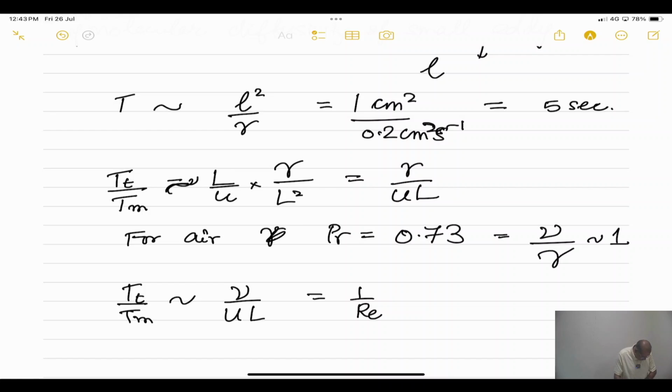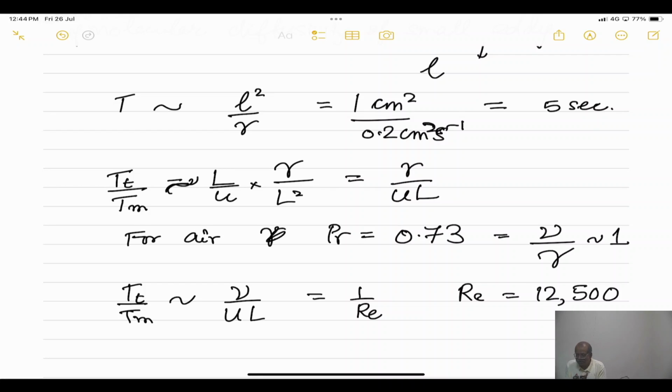And for this example which we are doing, Reynolds number is something like 12,500 for these values of U and nu. So the reason I am doing this is, this gives you a new physical meaning of Reynolds number for turbulent flows.